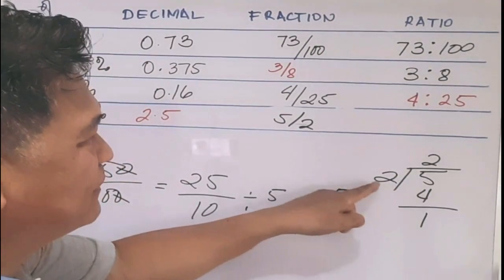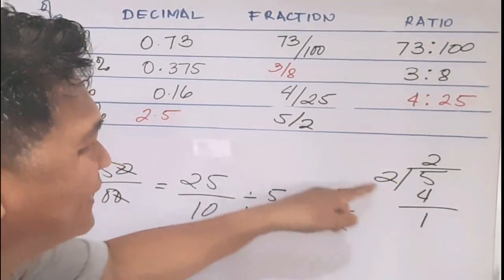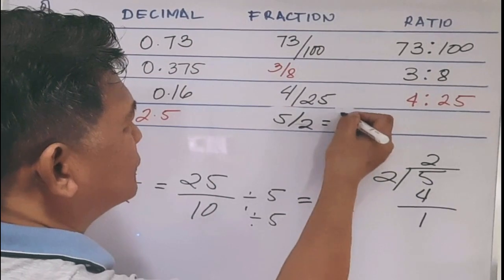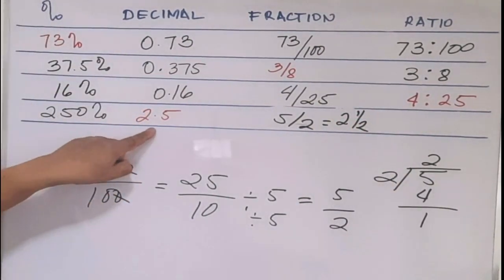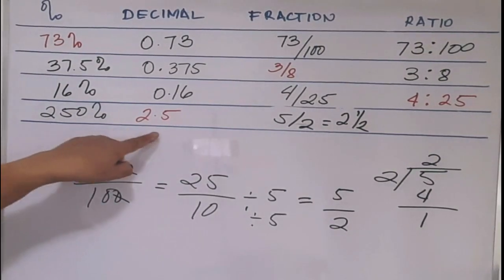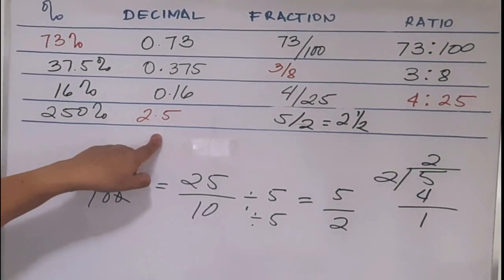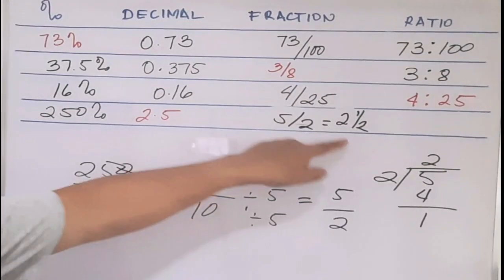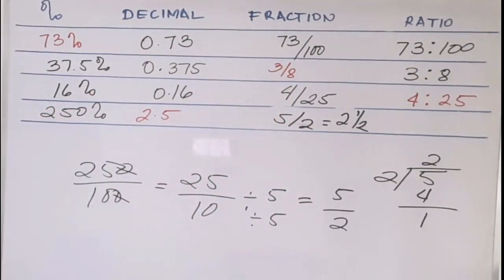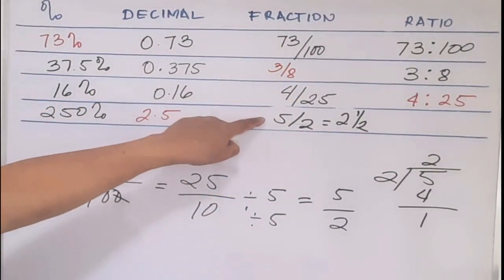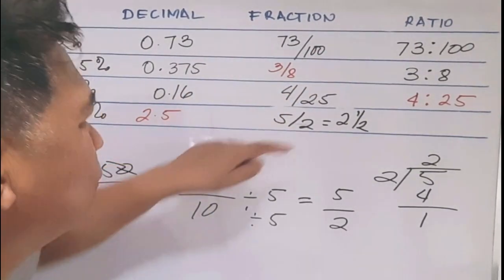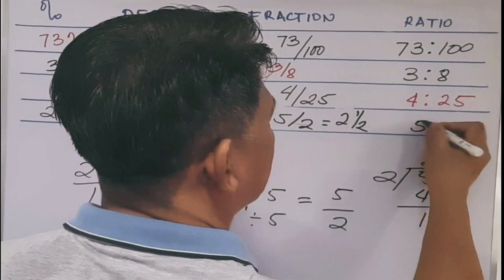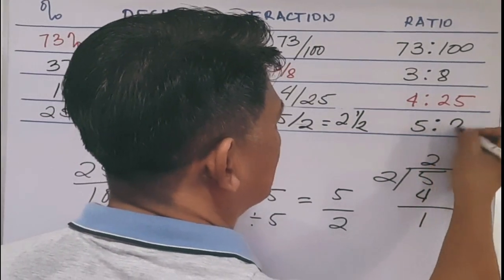So 5 divided by 2 is 2 and 1/2. The equivalent fraction of 250% or 2.5 decimal is 2 and 1/2. And to convert this into a ratio is 5 is to 2.